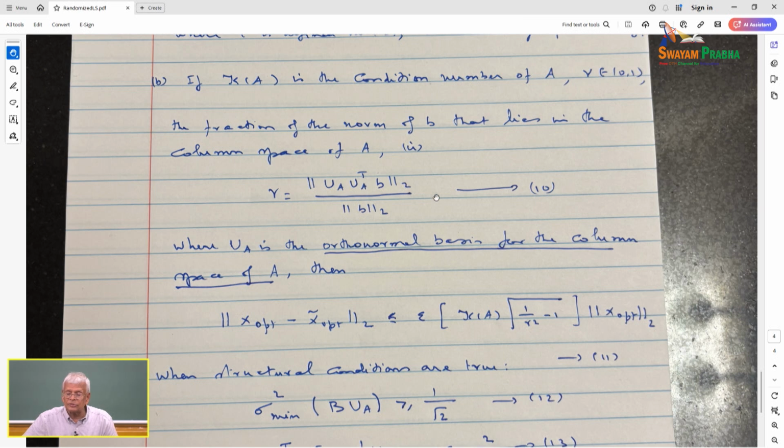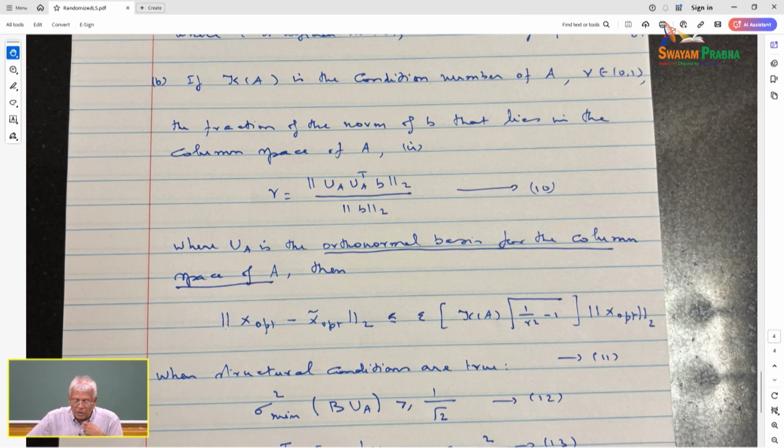So, in such cases, what is it that we can do? We can further quantify the properties of the relation between X optimal and X tilde optimum. What is X optimum? It is the true optimum for the original problem, Ax is equal to B. X tilde optimum, what is it? It is an optimum solution to the downscaled version of the problem, which is obtained by multiplying both sides by the downscaling matrix B. So, this is a solution to the randomized version, which can be solved in one of two ways.